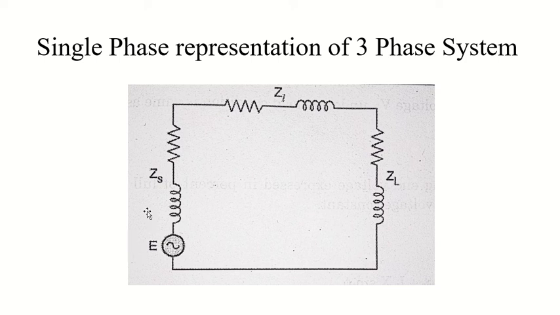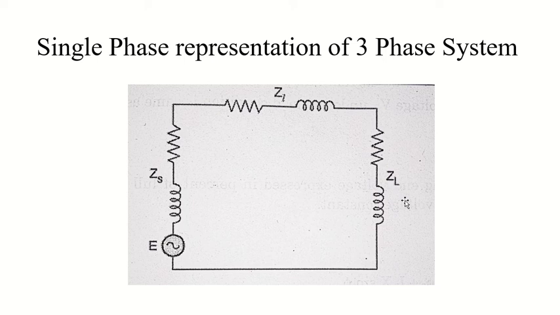Then the sending end impedance, which will have inductive and resistive components. Then we have line components. The line impedance will be called ZL, and it will also have resistive and inductive components. And on the right hand side is the load component, which also has resistive and inductive elements. We call the load impedance ZL.